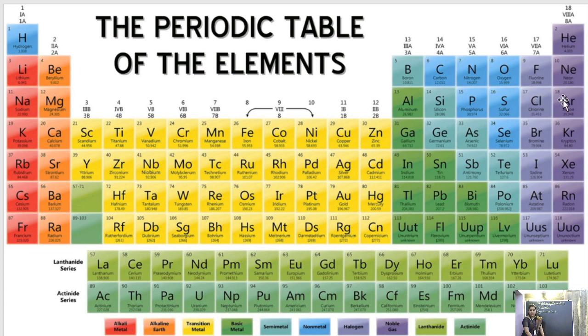So these are the elements. Then we have 11, 12, 13, 14, 15, 16, 17, 18. It is written over 19 and 20 and so on. So here different types of elements are arranged according to their atomic number and atomic weight. Got it? So this is the periodic table of the elements.